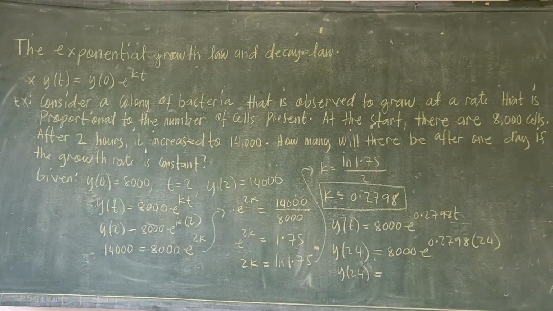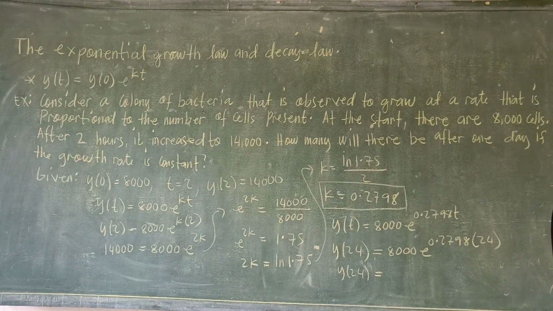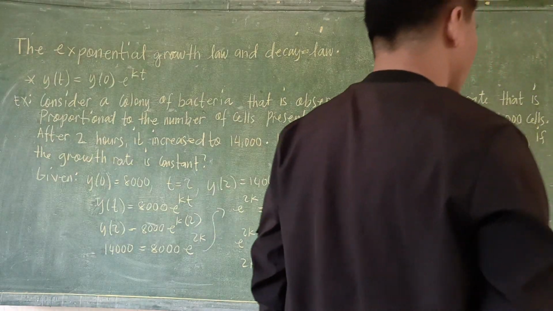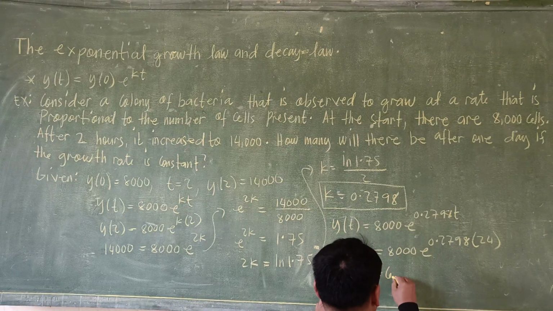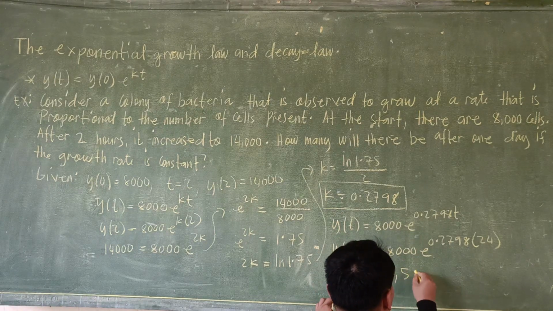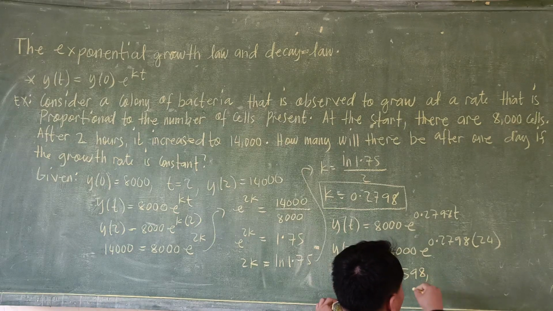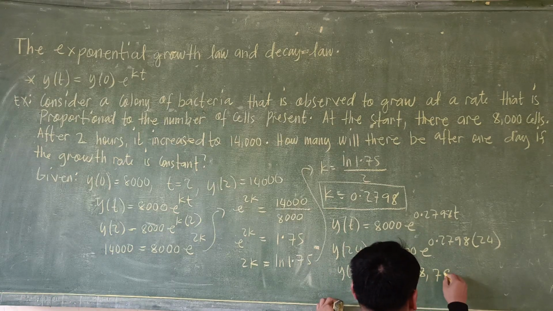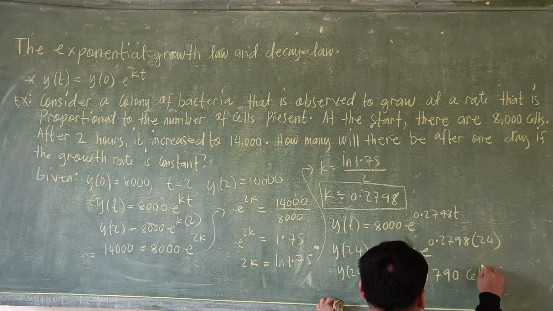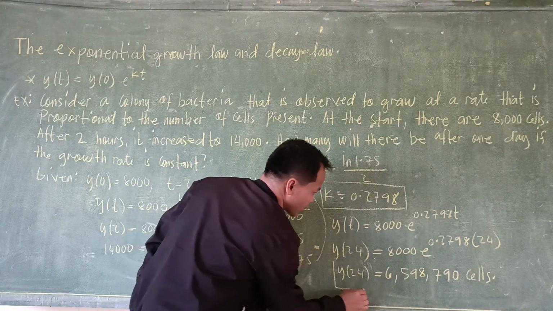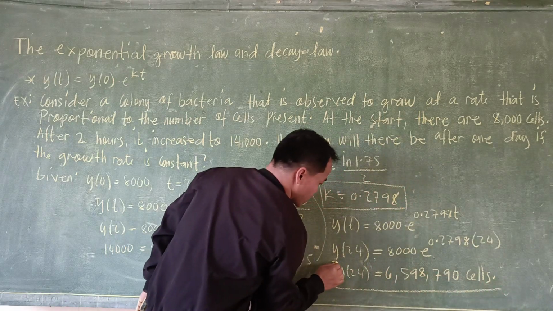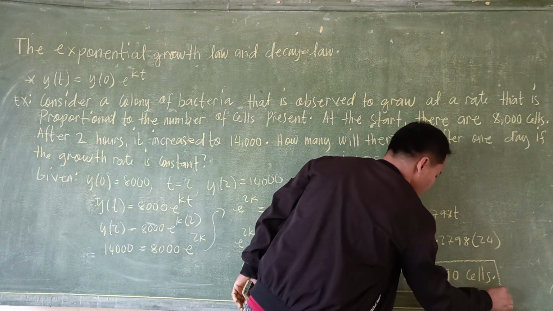The answer is 6,598,790 cells. This is the number of cells after 1 day.